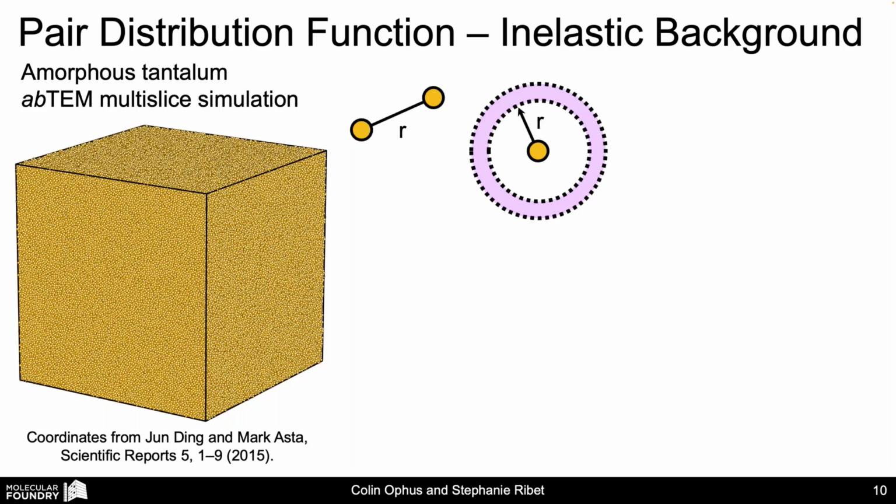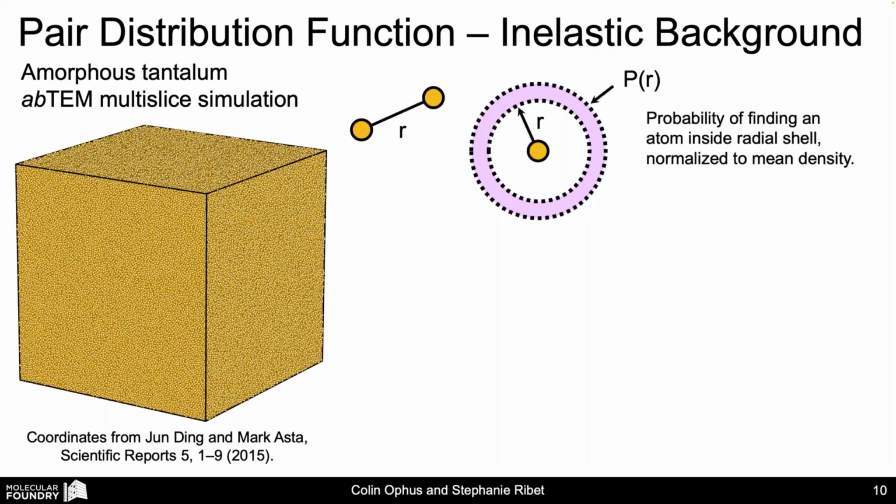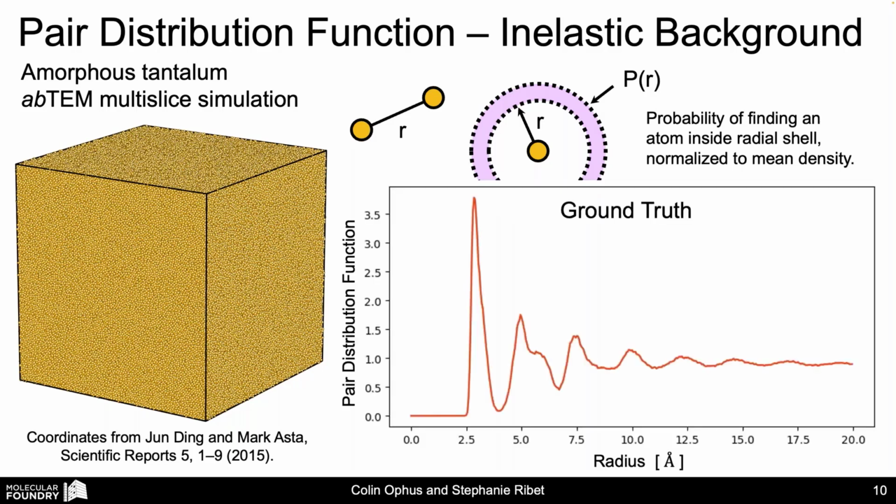So if I start at a single atom, go out to a given radius in real space, what I want to know is the probability distribution inside every spherical shell around each atom and then average it together over the material.